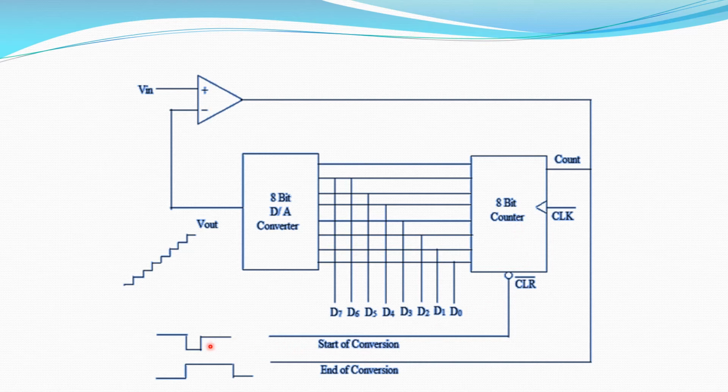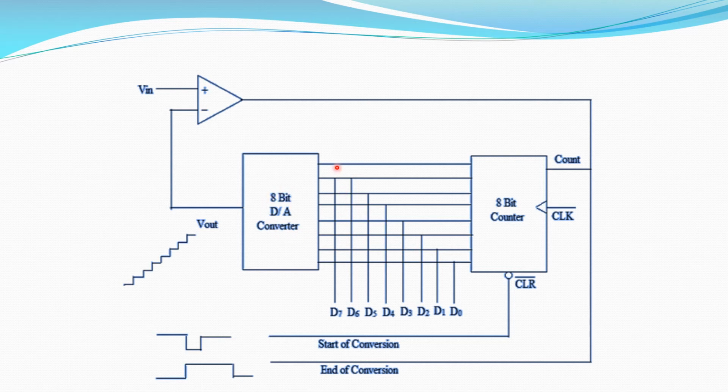When the start pulse changes into high, it is ready for conversion. And it can count when the control input count, C count, is high. Initially the output of this counter is 0. So that 0 is the input for this digital to analog converter.